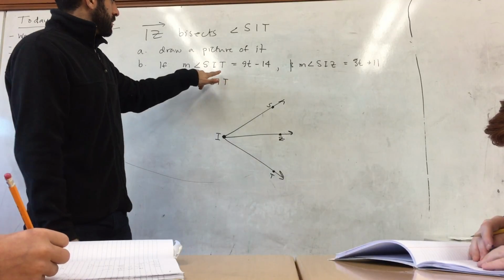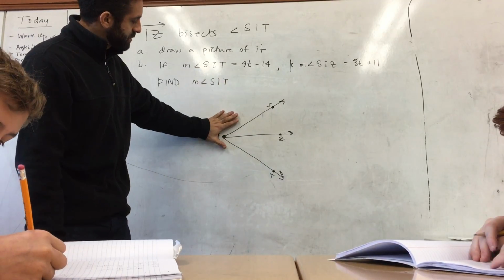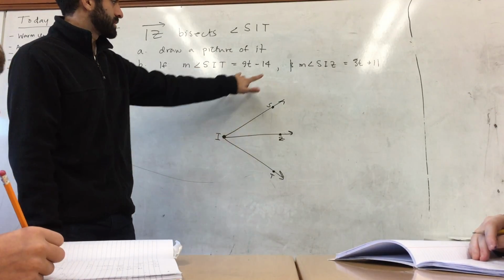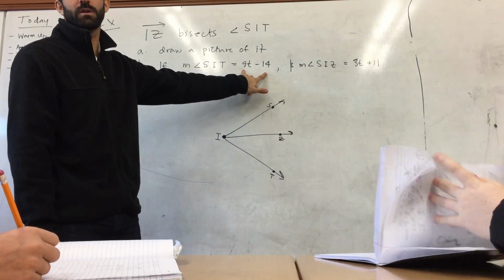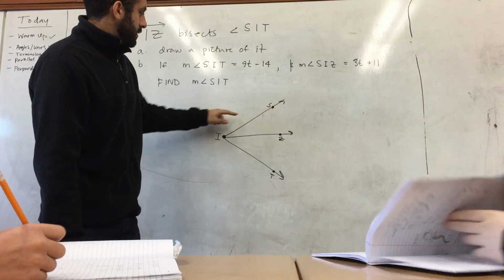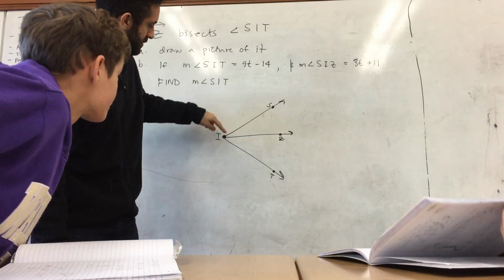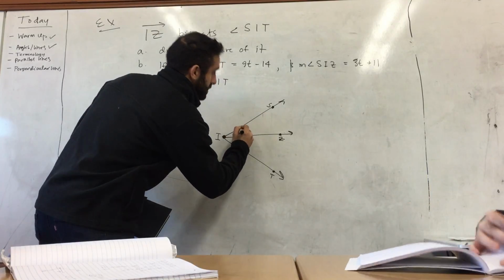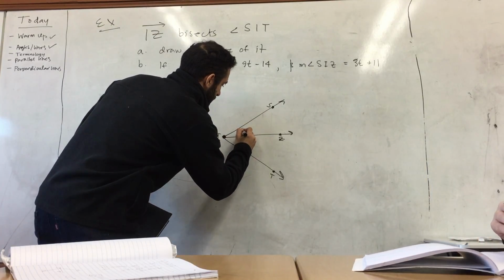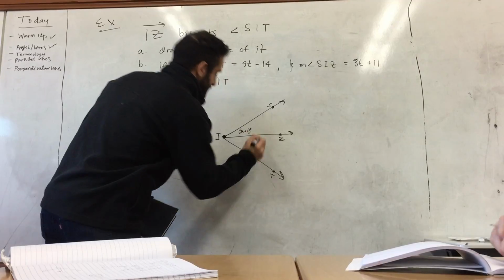The measure of angle SIT, that's this big one. It's 9t minus 14. This SIZ, this one right here, I can label like this: 3t plus 11 degrees.